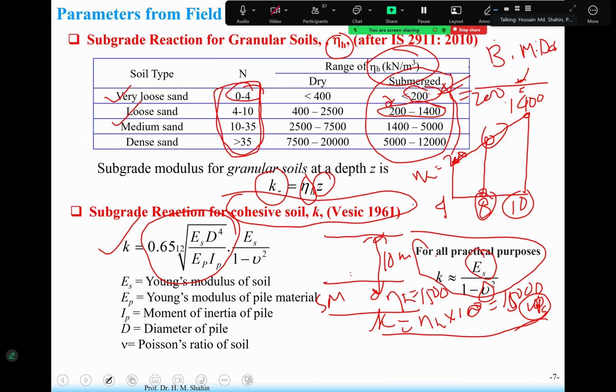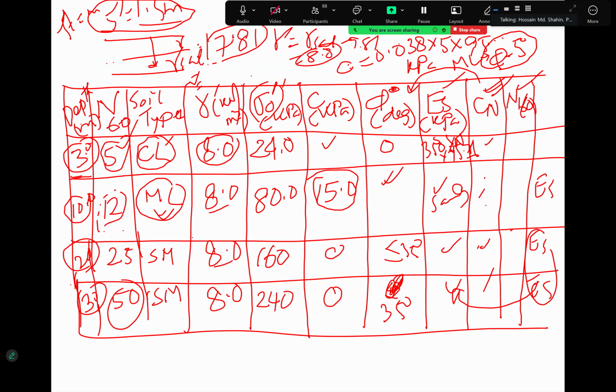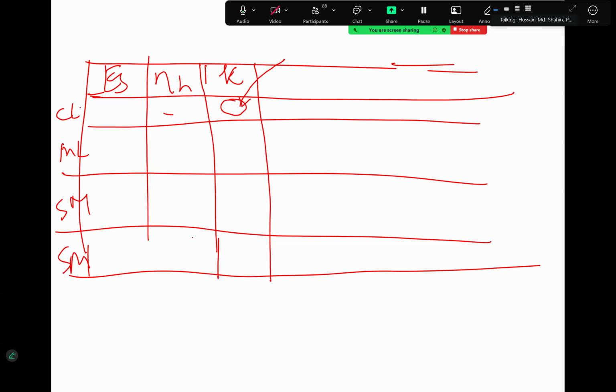Directly use this equation, short form, because the diameter of the pile, D, you don't know. The E and I of the pile are not given. Directly use ES divided by, oh, Poisson's ratio you need to calculate again. I forgot to say, ES divided by 1 minus Poisson's ratio squared. So you need Poisson's ratio again.